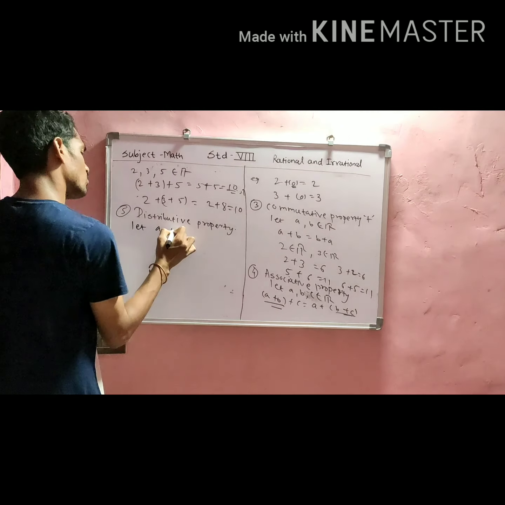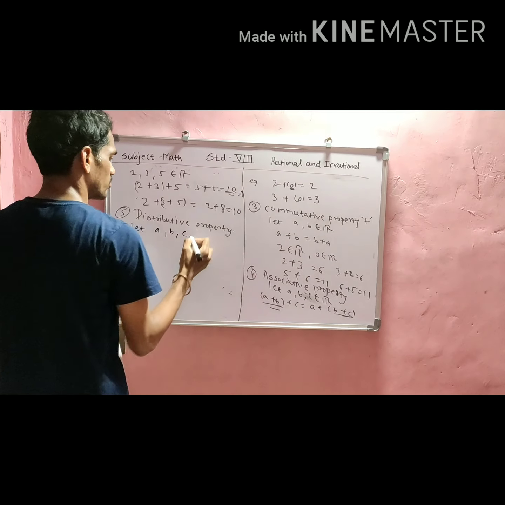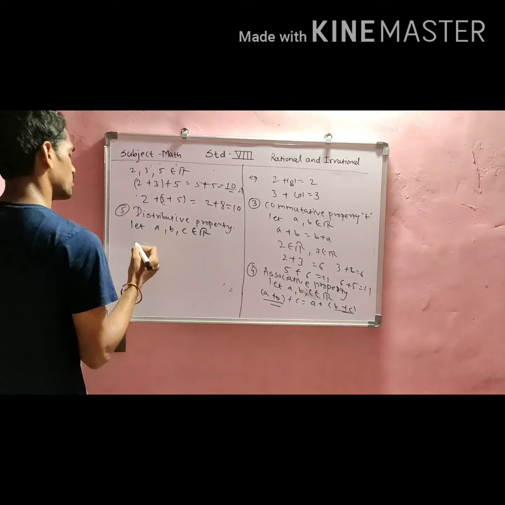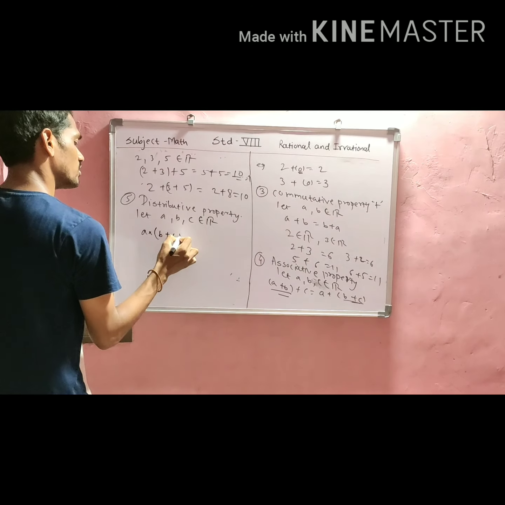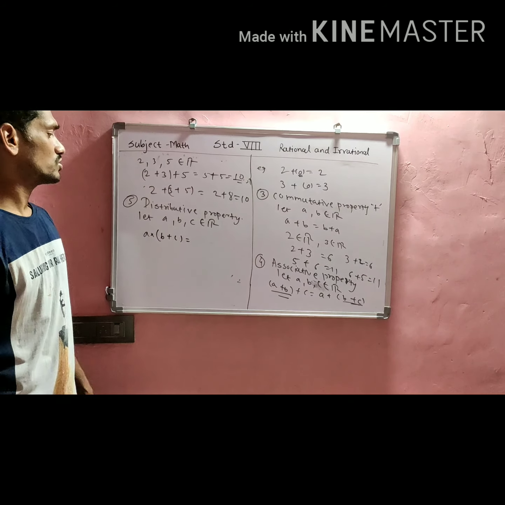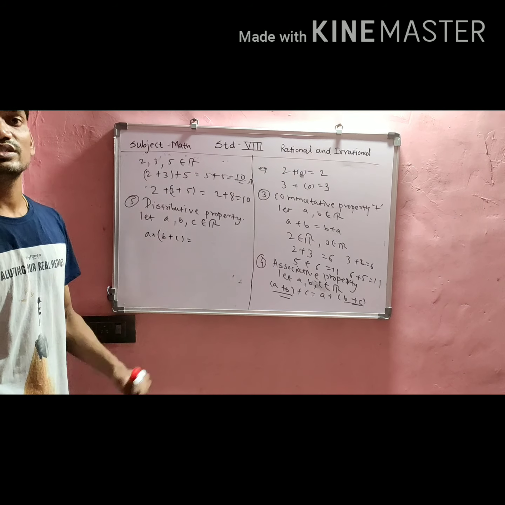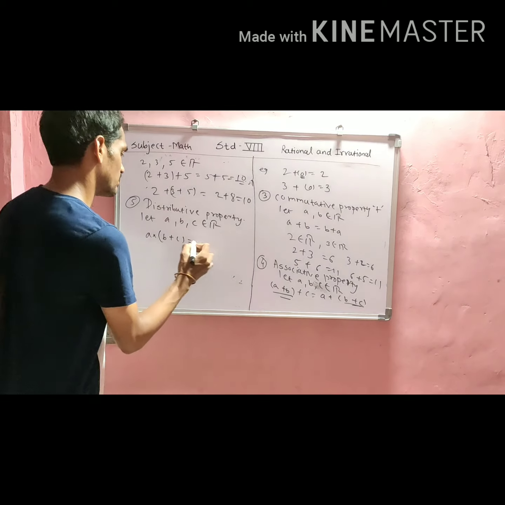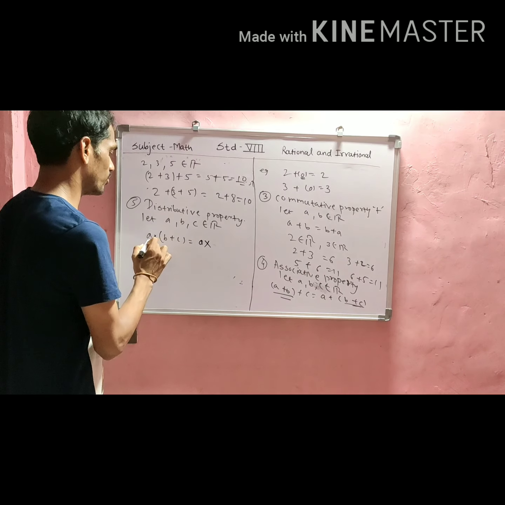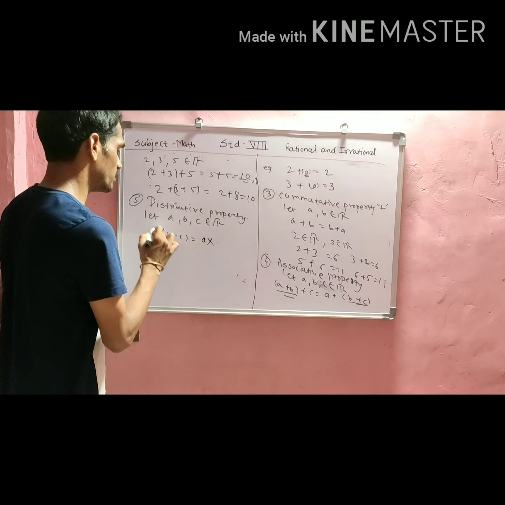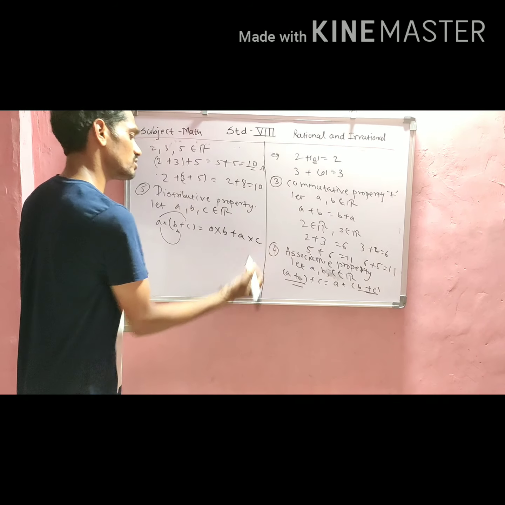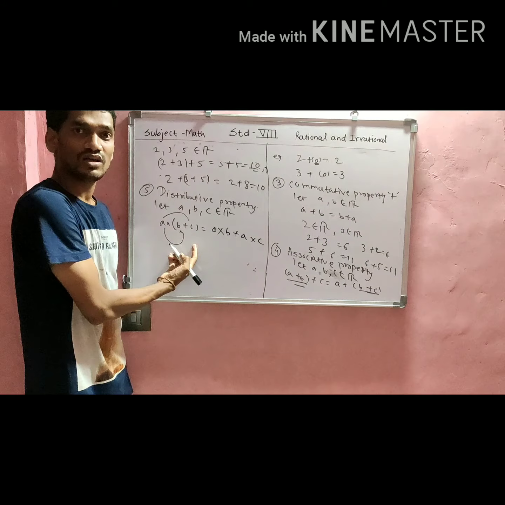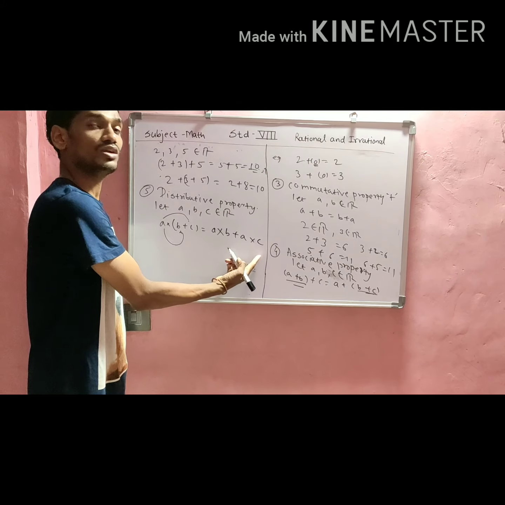Let a, b, c belong to R. If I take a multiplied by b plus c, we can write it as a into bracket b plus c, opening the bracket: a into b plus a into c. So a into b plus c we can write as a into b plus a into c.